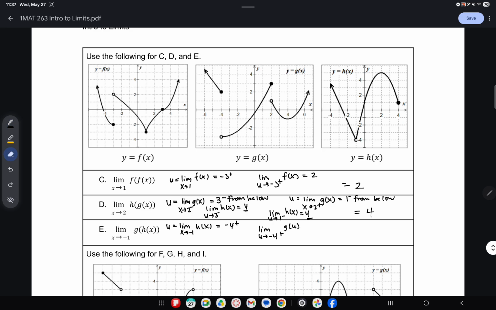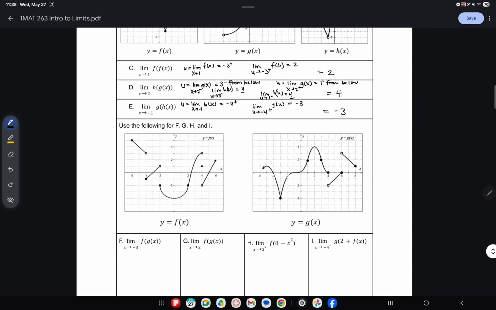And I'm just realizing right now I kept putting x for these, and I need to put u to be in proper notation here. My bad. So g is the middle one. We want -4, and we're going from the right. So that's going to be -3. So the whole thing is -3.